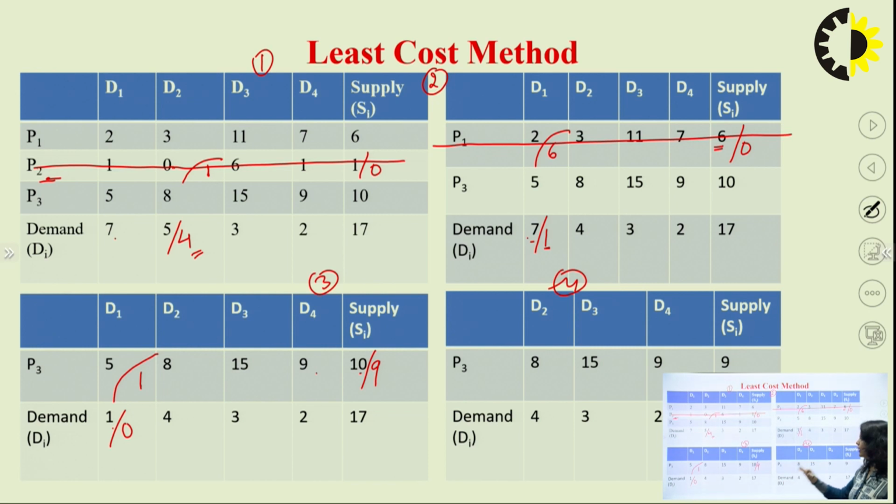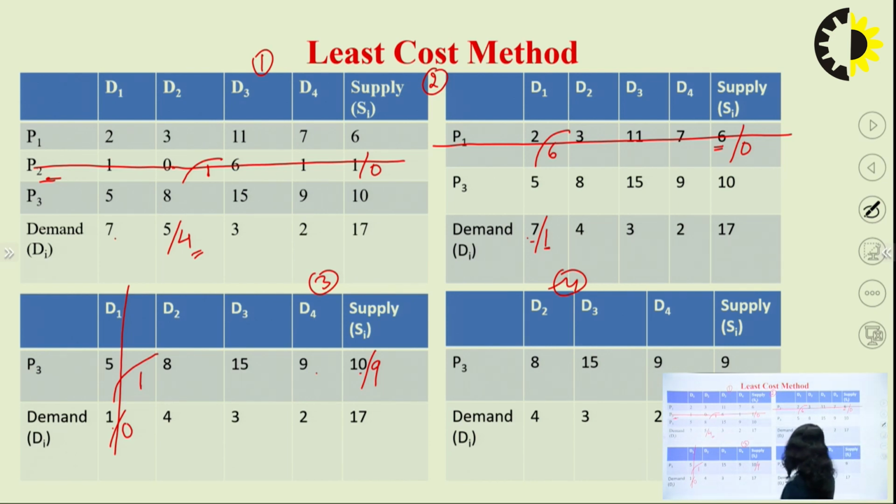Okay. In my next matrix, you can see here I have not considered this particular column, because all the demands against the distribution center D1 are satisfied. So, we will draw the D2, D3 and D4 here. We will consider only these 3 distribution centers and the plant P3.